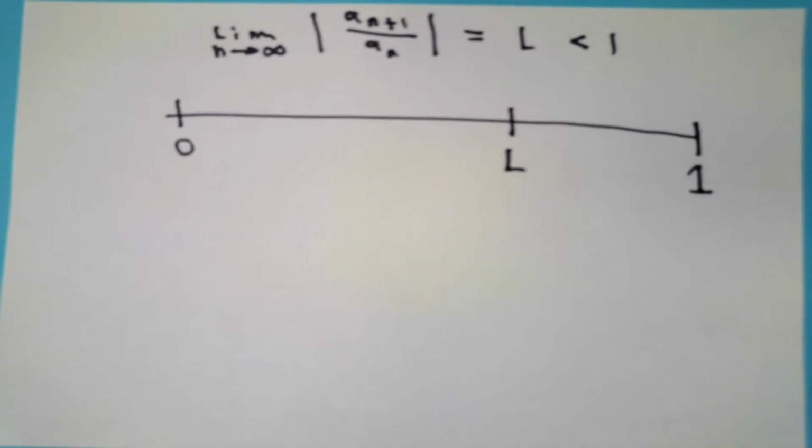Because L is strictly less than 1, there's a real number between L and 1, pick whatever number is convenient. You could take the number halfway between, or a third of the way from L to 1. Just pick a number and call it R.